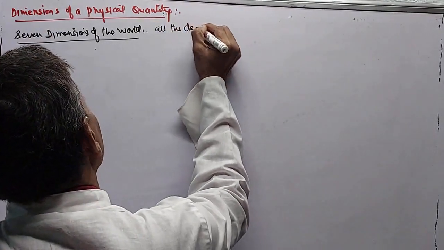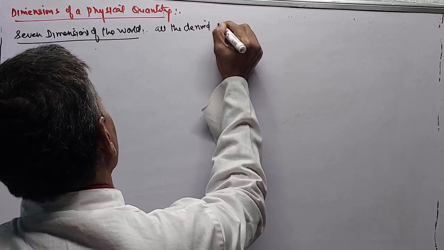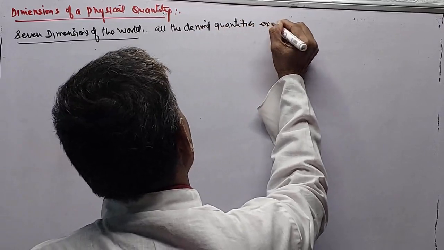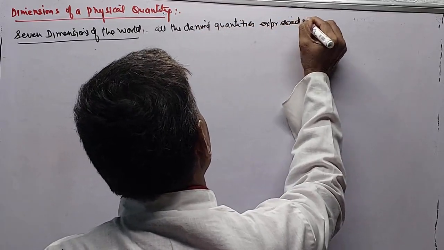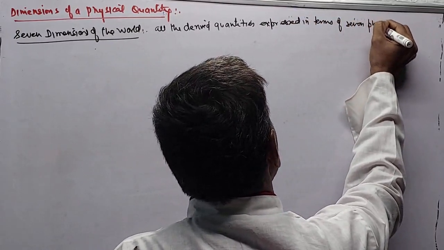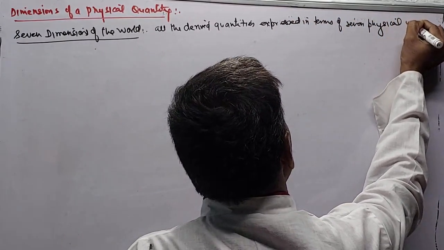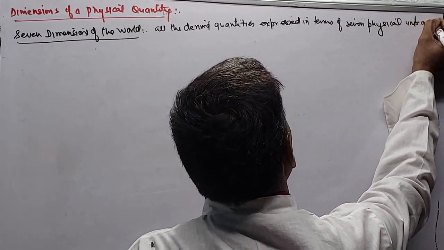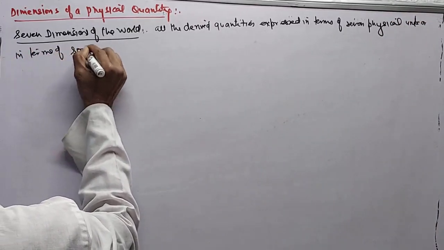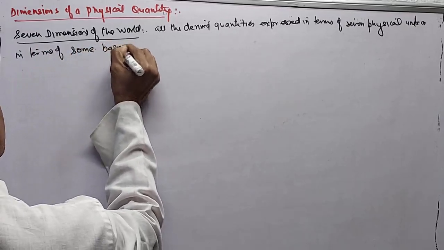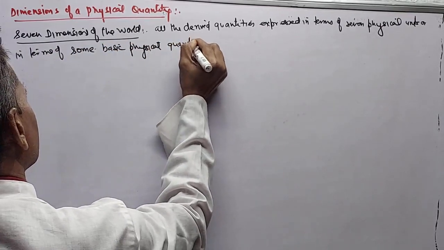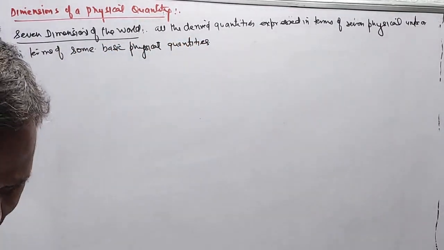All the derived quantities are expressed in terms of some basic physical quantities.